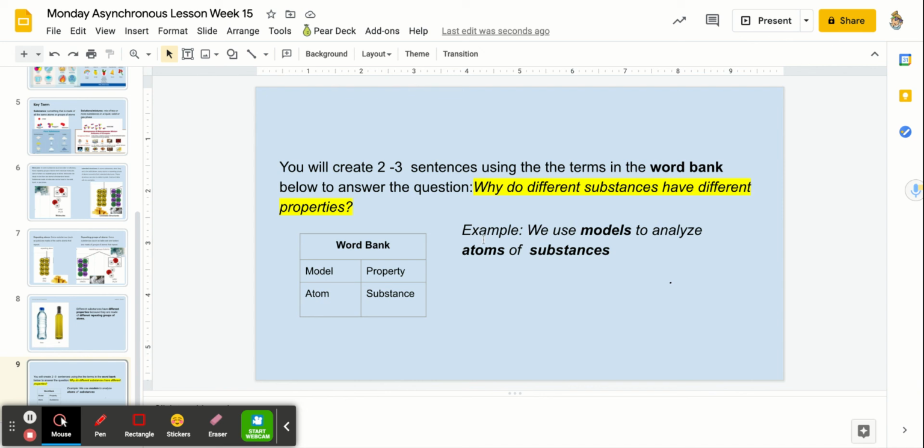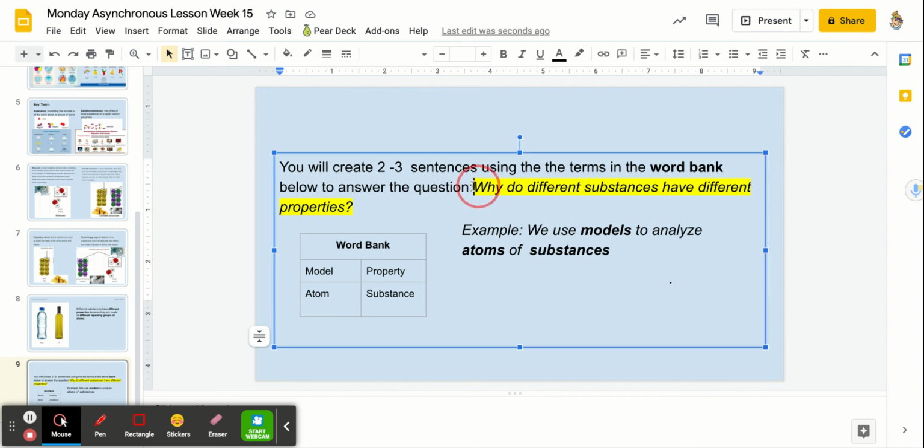Just to give you an example, we're going to be answering this question: why do different substances have different properties? That's the big question here. Why do these different substances have different properties? An example of one sentence that you could create using 2 words is: we use models to analyze atoms of substances. So we definitely use models, and then you would create another sentence.